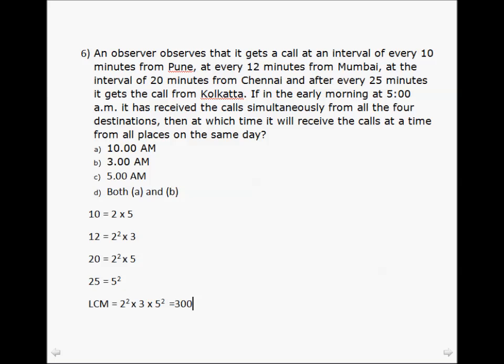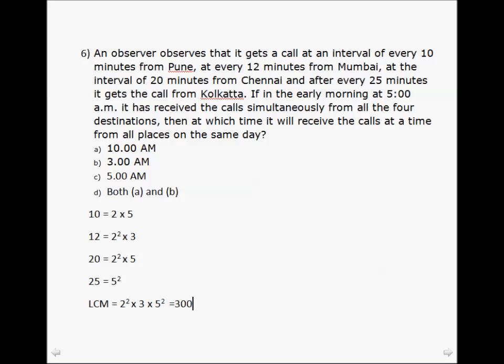300 minutes means how many hours? So 300 divided by 60, which means after 5 hours it would receive calls. So it received calls at 5 am. Now it would receive calls at 5 plus 5, 10 am. Then again it would receive a call at 10 plus 5, which is 3 pm. But our option says 3 am. So B is not the correct solution.